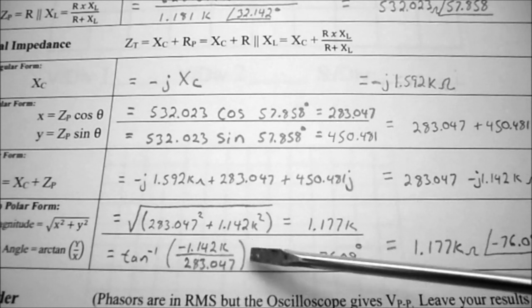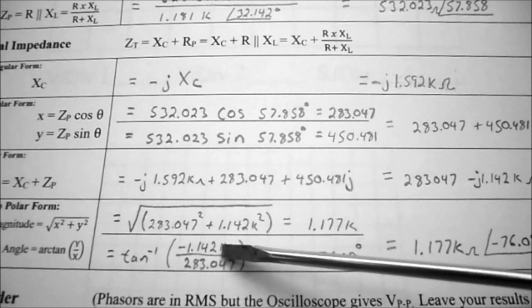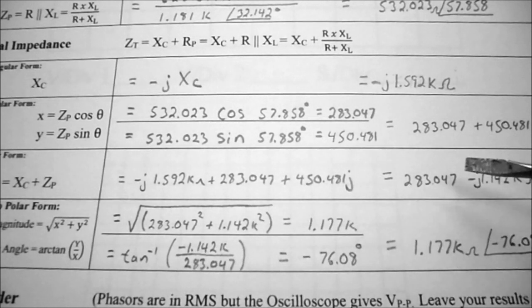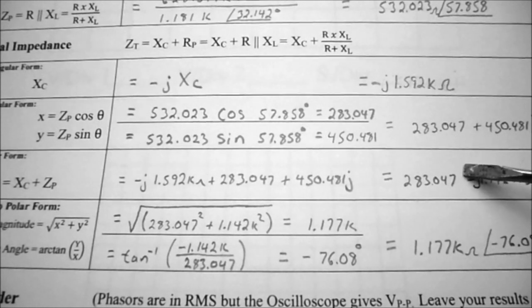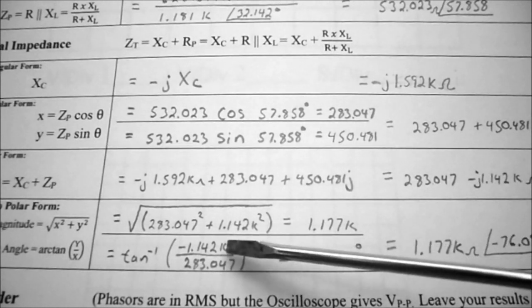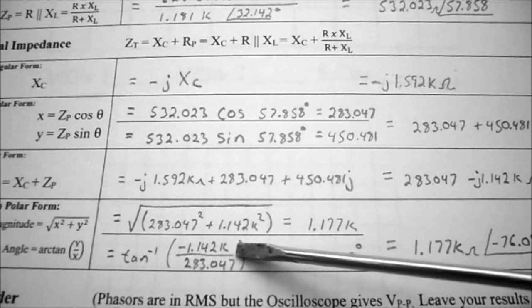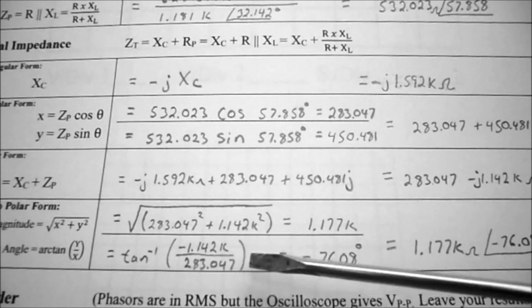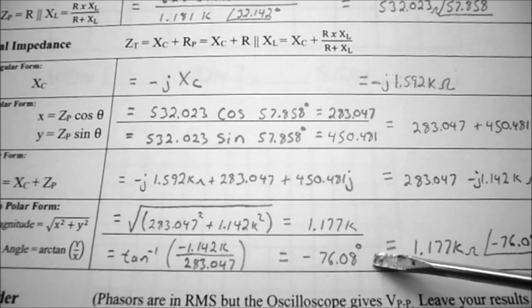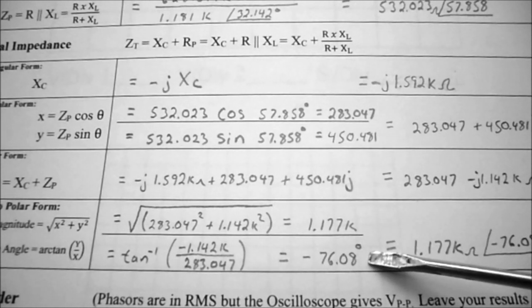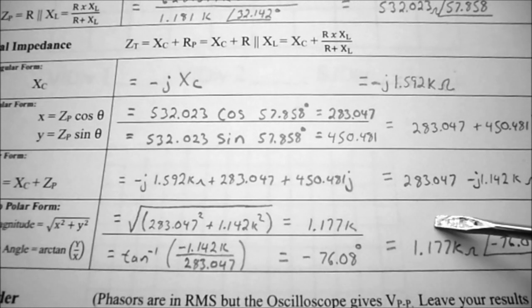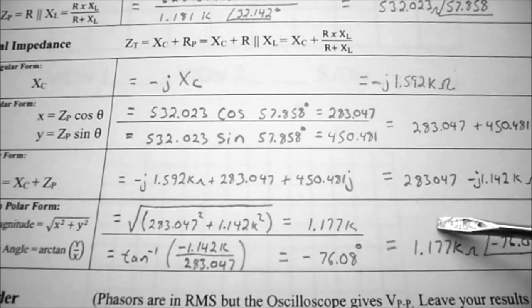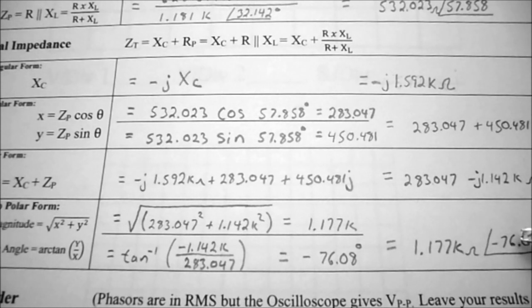And in brackets, remember, we need the minus sign from our Z total. So that's minus 1.142k divided by 283.047, and that works out to minus 76.08 degrees. So in the polar form, Z total is 1.177k ohms at an angle of minus 76.08 degrees.